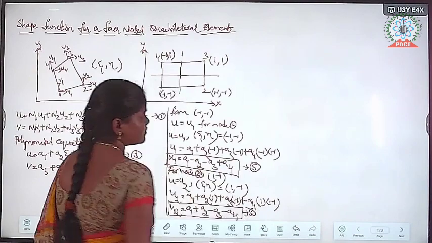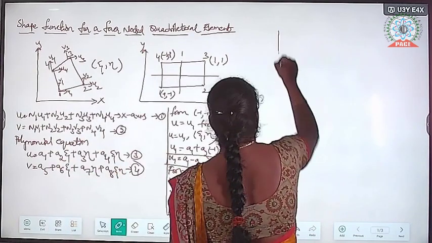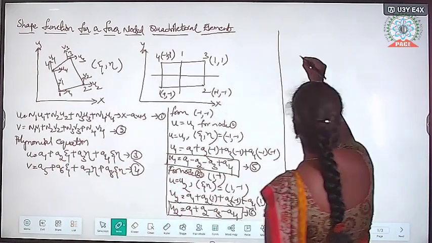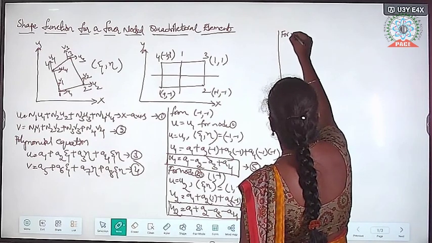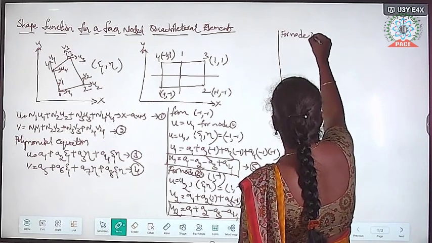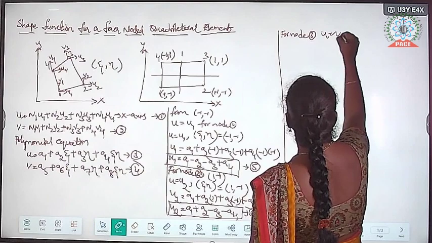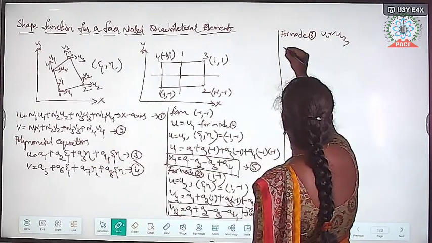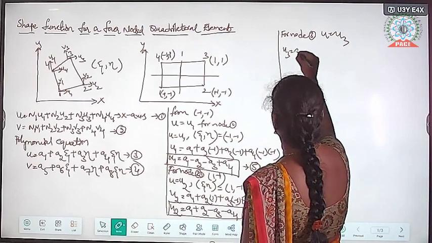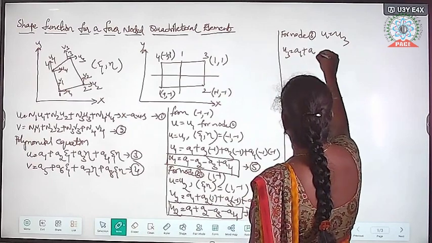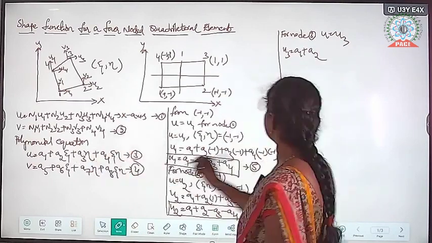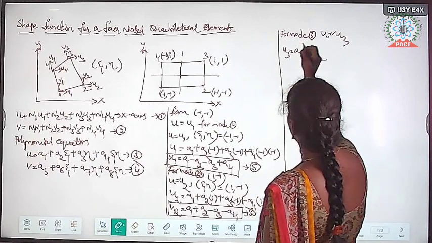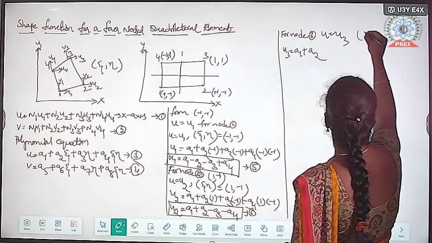Now 2 nodes are remaining. So for node 3, u is equal to u3. So here u3 is equal to a1 plus a2 into xi. For node 3, what are the coefficients? 1 comma 1 are the coordinates.